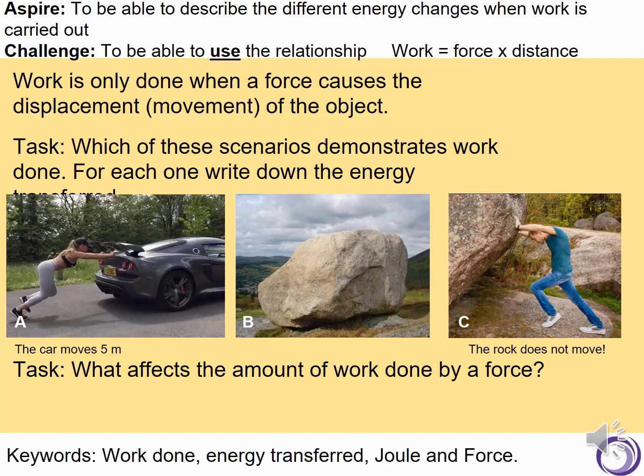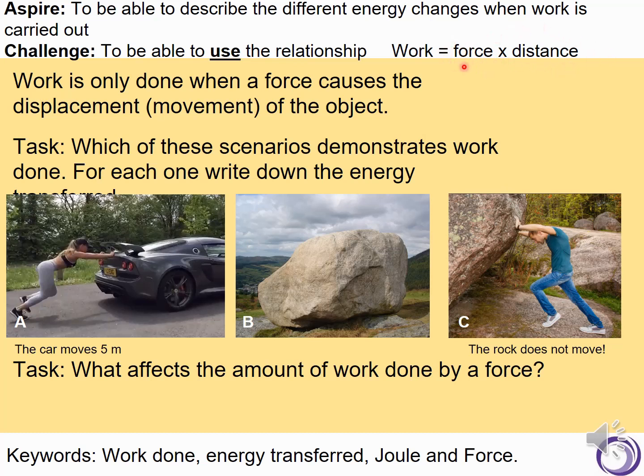So the question that we're being asked at the bottom is what then affects the amount of work that's being done. And this is just straightforward logic. I want you to take your eye up to the top of the page for a moment. What affects the amount of work being done is answered in the equation. If we want to increase the amount of work, then we have to put a larger force through a greater distance.